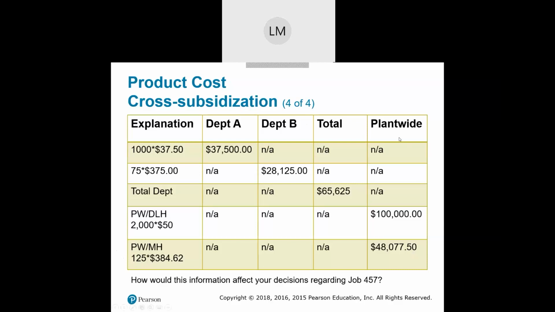So, is a plant-wide rate more accurate? Well, not necessarily, because we're taking one allocation base, either direct labor hours or machine hours, and we're coming up with substantially different numbers of overhead allocated to the job than we do in departmental rates, which is a little bit more refined. Why?